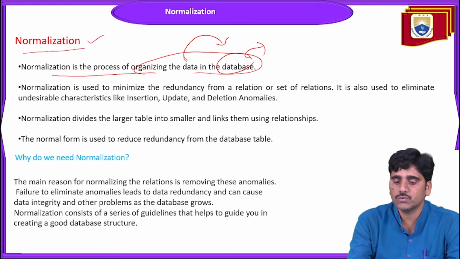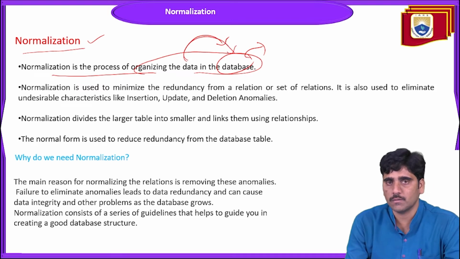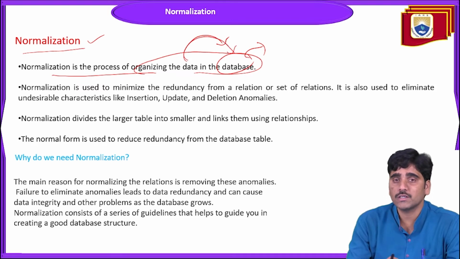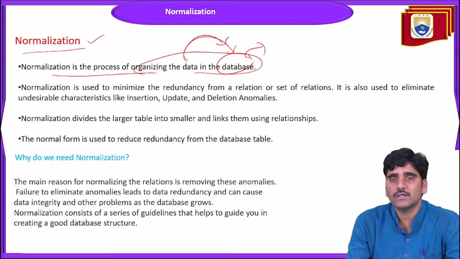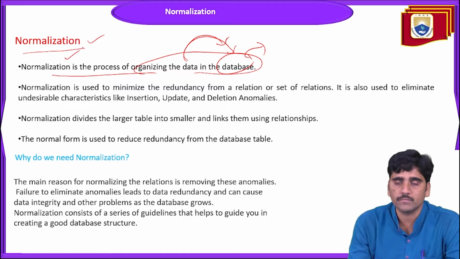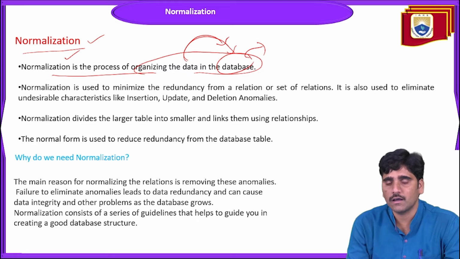So you are going to place this data into the database. How that data is to be organized, placed, structured and arranged, everything we can say in the form of normalization. That is why normalization is the process of organizing the data in the database.